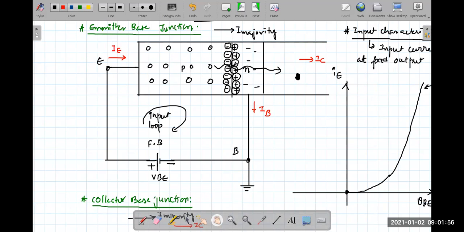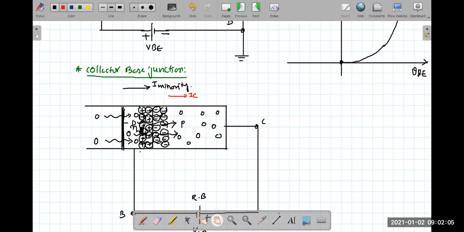Understood? If you do not bias anything, there are very good chances that the majority of the emitter current may flow towards the base. You don't want that. We want to force the charges towards the collector. That's the reason why we have connected this. Else, if you do not connect this, then there are chances of base current.